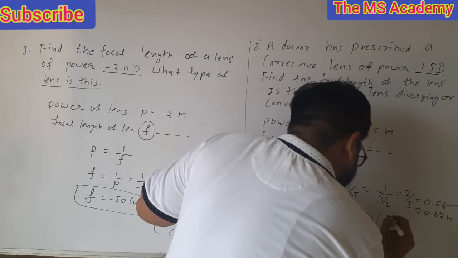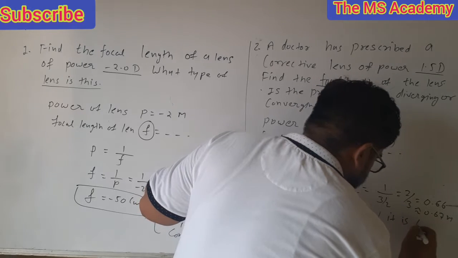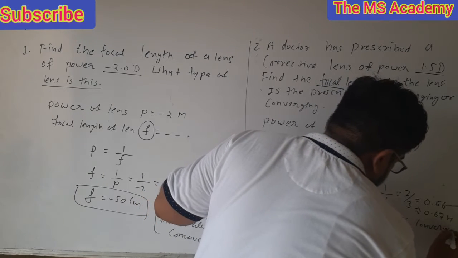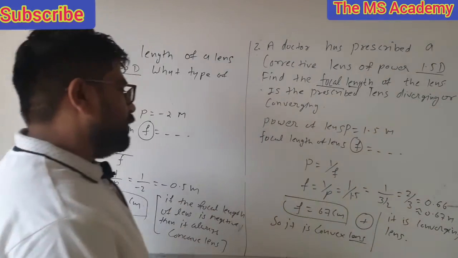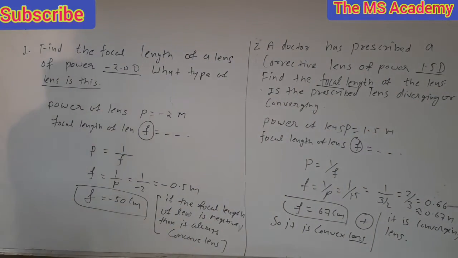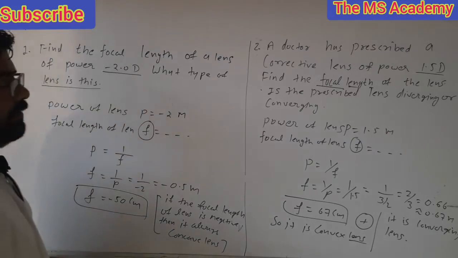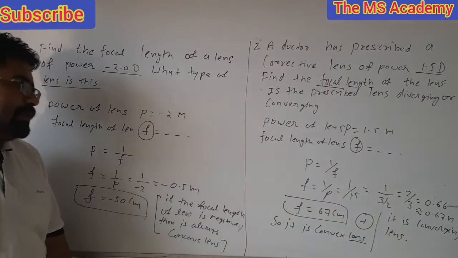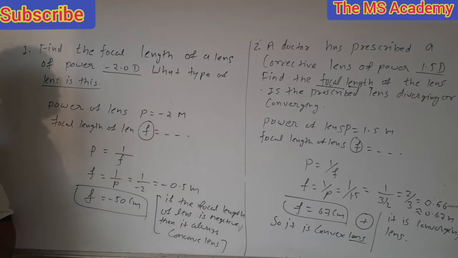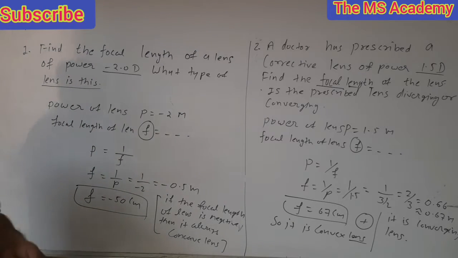Positive power means it is a converging lens. If the lens is concave, then it is a diverging lens. If the lens is convex, then it is a converging lens. I hope you well understood the formula for lens and its example also.